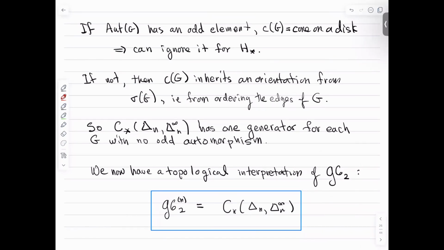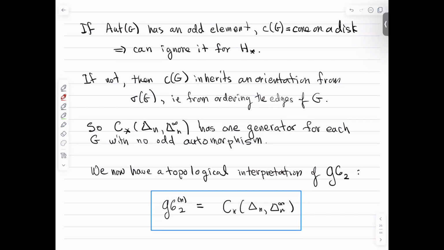When you get a disk: if the group of automorphisms has an odd element, that is, an odd permutation of the edges, then it's a cone on a disk. And if it doesn't have any such odd automorphism, then it's a cone on the sphere.